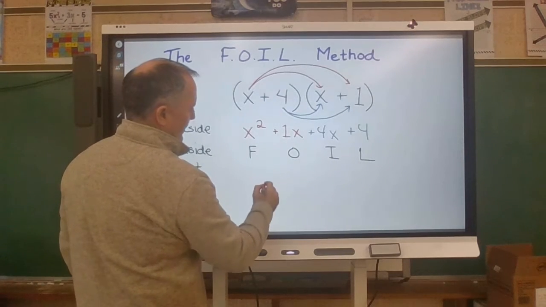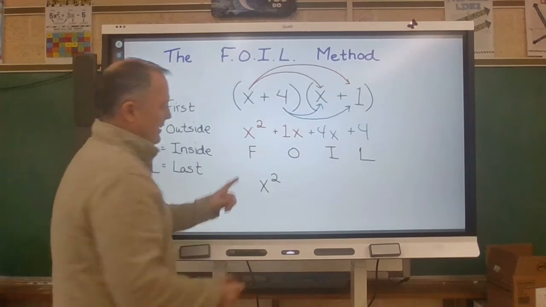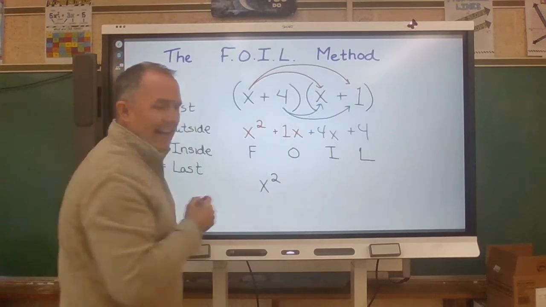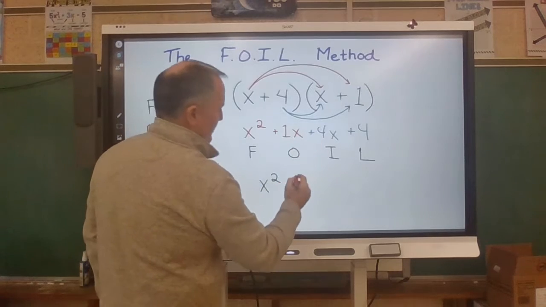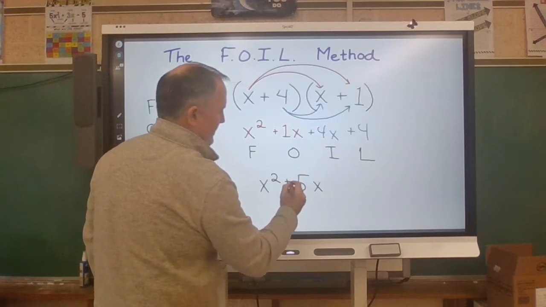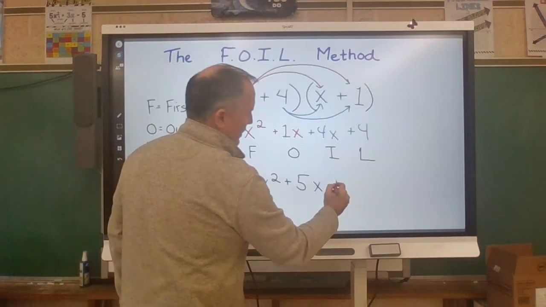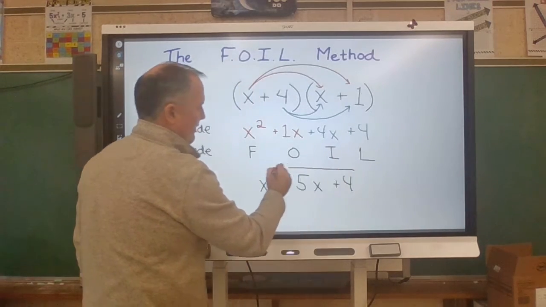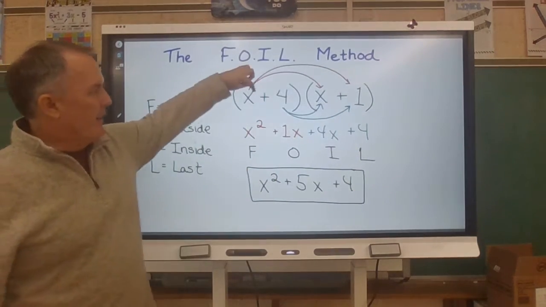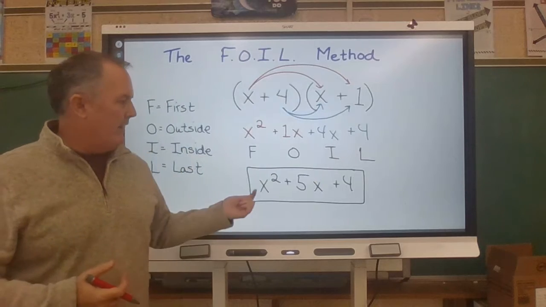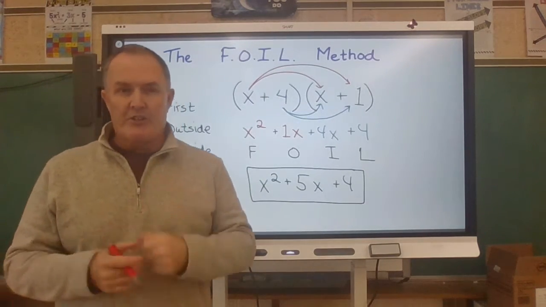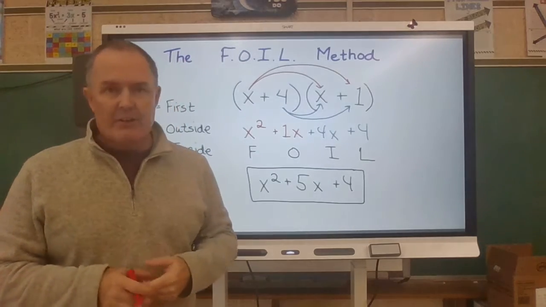So to clean this up, I'm going to leave my x squared because I can't combine that with anything. 1 plus 4, if I combine, I'm going to add them together. 1 plus 4 would be 5x, and it's positive. And then I just drop down my plus 4. So we have two binomials. We did the FOIL method, and we created a trinomial or a quadratic expression in the standard form.